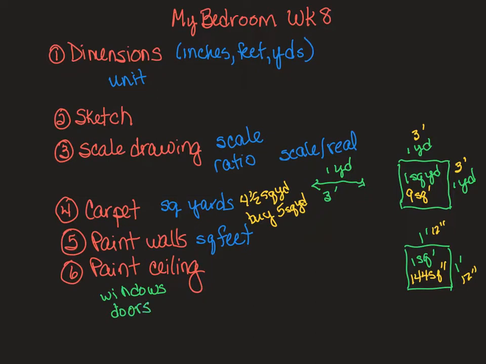No. So you need to figure them out and subtract it from the wall, because the feet you're going to cover are just going to be the actual wall space, not window space or door space. So this is going to be your wall space, and you're going to be taking away, minusing that window, and then that'll be the square feet of paint you need.